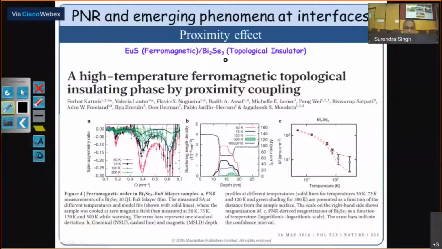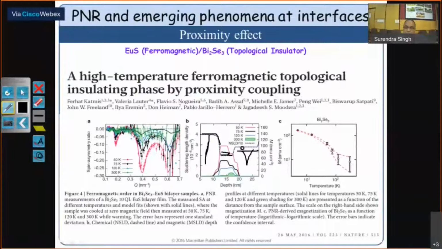This one is the nuclear, and these others are magnetic. So for this layer, this is EuS. The magnetization is there up to almost room temperature, 300K, also a little bit magnetized. But this layer is a topological insulator, and this is the substrate.